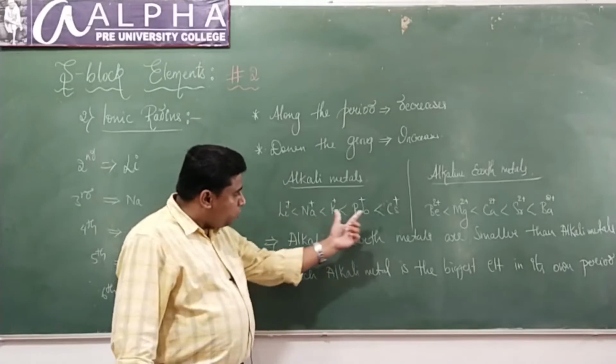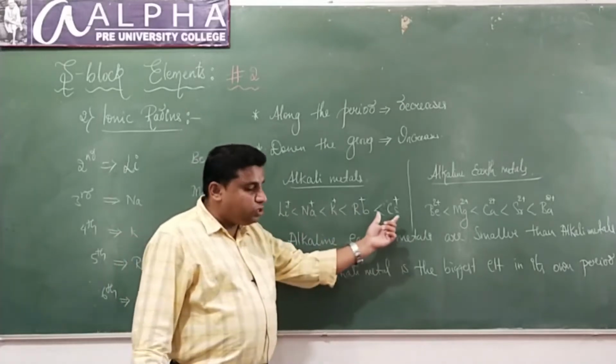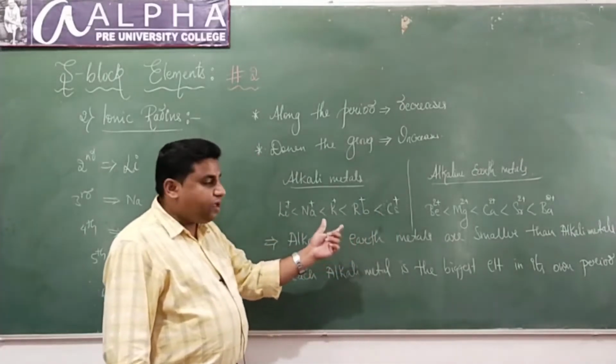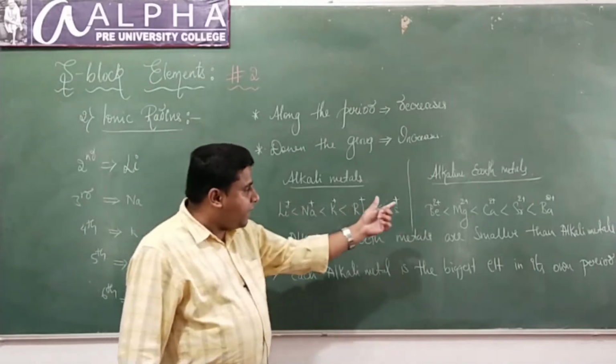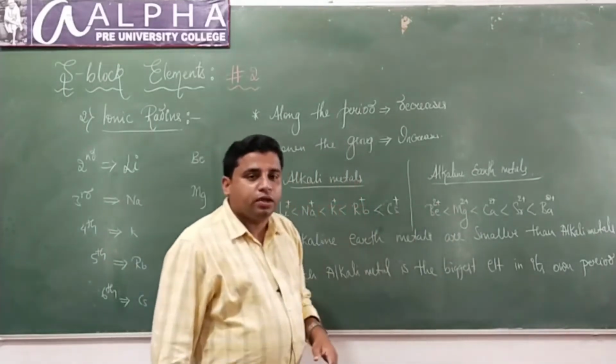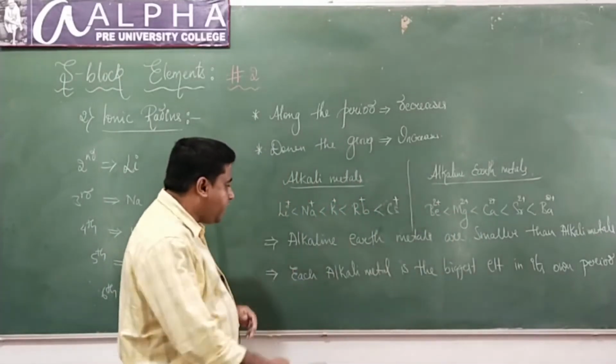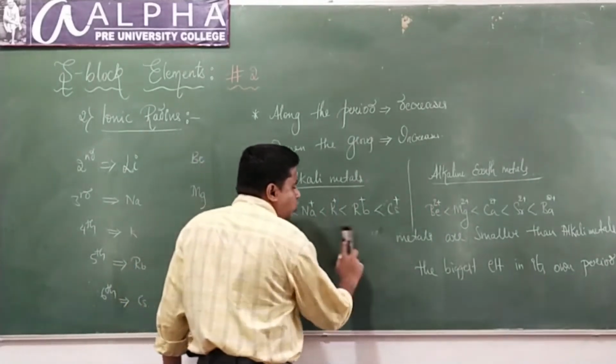So in their own group, there is a gradual increase in ionic radii from lithium to cesium and from beryllium to barium. Now, just remember one more thing.